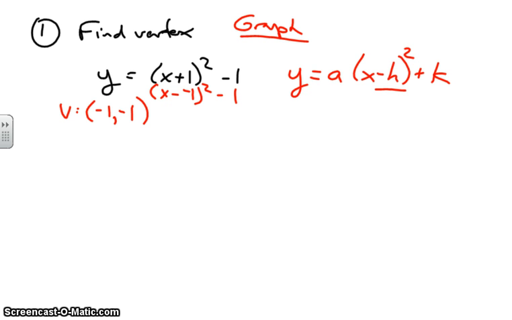Okay? That's the tricky part of this vertex form. It's not just addition inside of here. Inside of the parentheses, you're subtracting the h. When this number looks positive like this, then the h is actually negative. If it was minus 1 in here, then h would be 1. So that's tricky. That's what you're going to practice a little bit today.